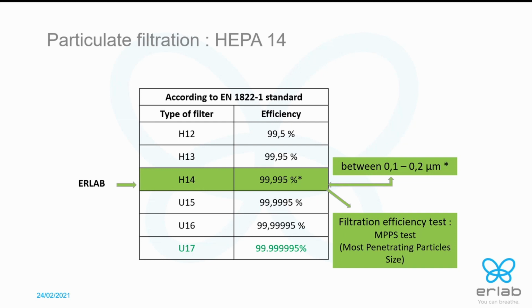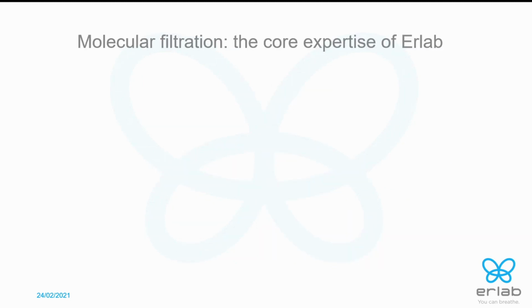If the particle is bigger or smaller, it will be retained better than this one. So retain here that the norm is H14 and the filtration efficiency is 99.995%.